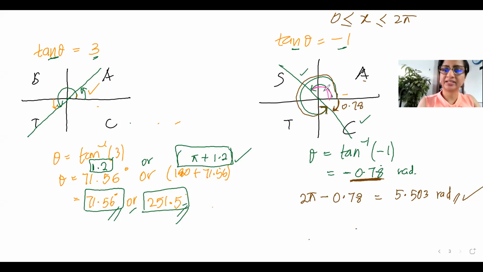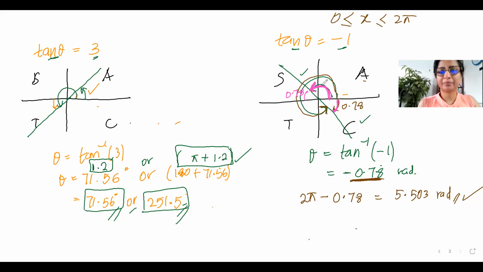Do you see that? If this is 0.78, make a 0.78 on the other side. Vertically opposite angles are equal.